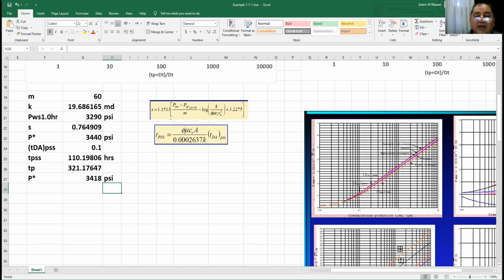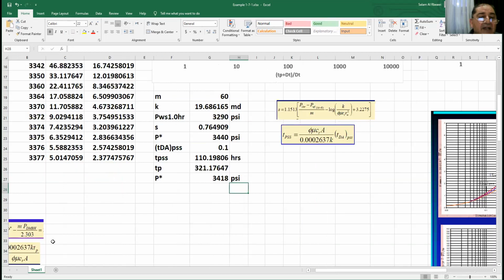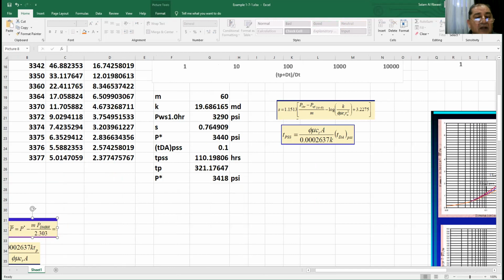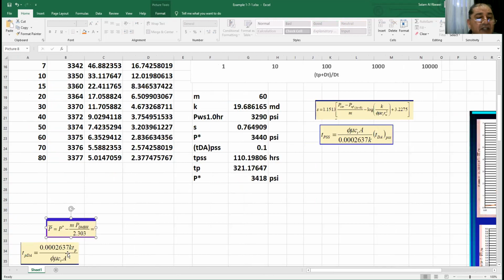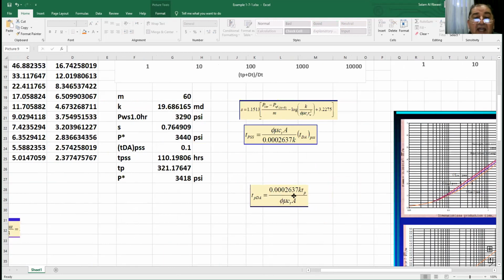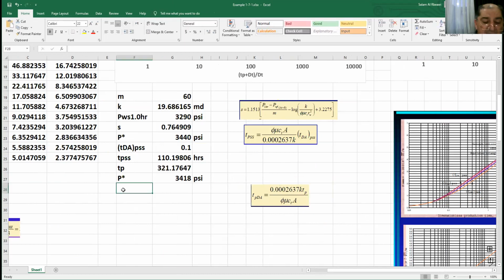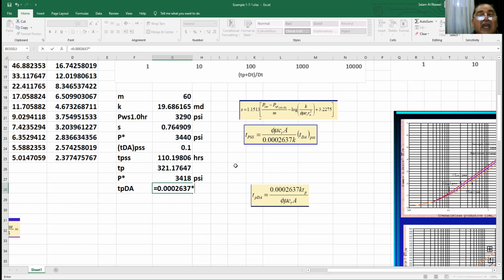Okay? Now we are going to calculate tDA. Where is the model for tDA? This is tDA. We're going to calculate tDA using 0.000267 times k. K, as I said, is not going to change.